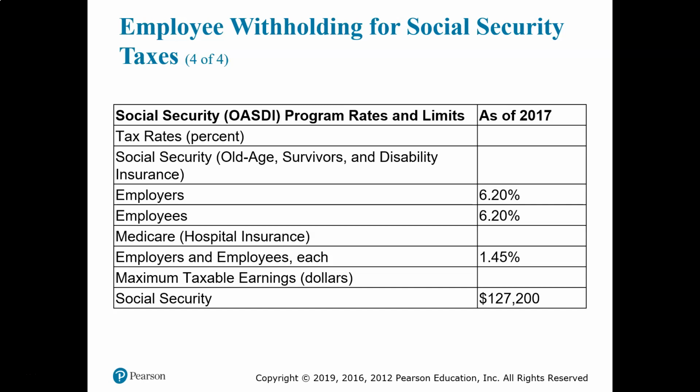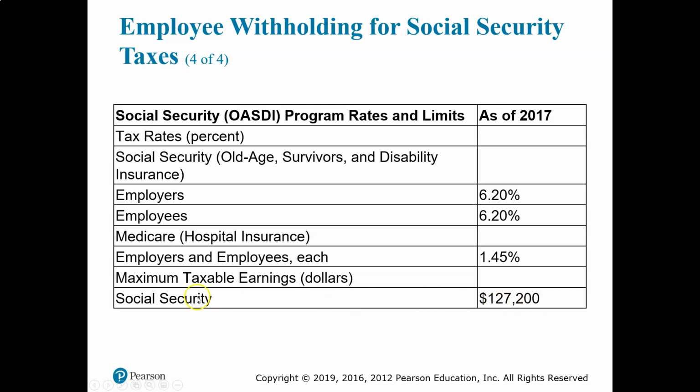Okay, so here are the wage limits as of 2017. Actually, the 6.2 and 1.5 is the same. This Social Security amount limit is actually, I think for 2021 is going to be close to 138,000, and 2020 was like 130.